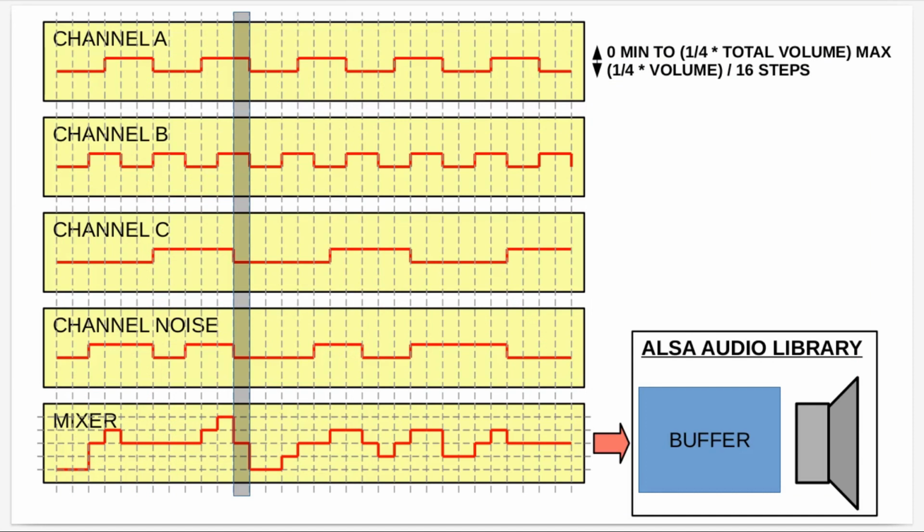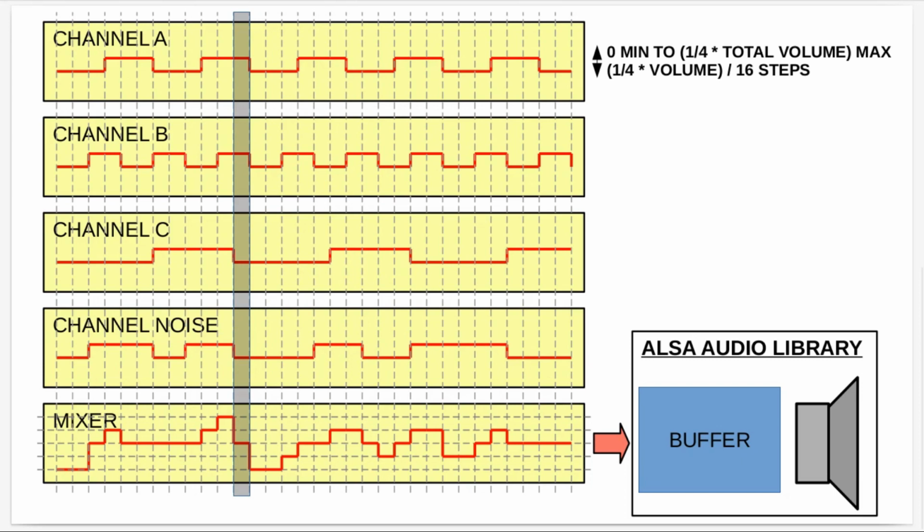So something which needs to be taken into consideration when emulating one of these sound devices. This particular sound device has 3 channels: channel A, channel B, and channel C for doing audio tones, and it has a noise channel in addition to that. But all of these channels, if you're playing something on 2 or more of the channels, it needs to be mixed together.